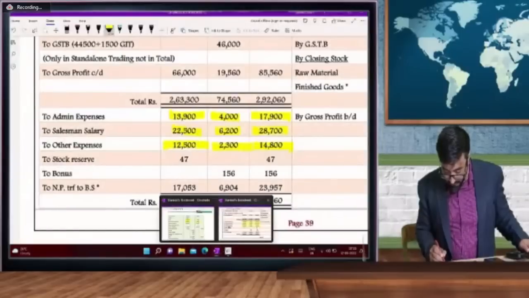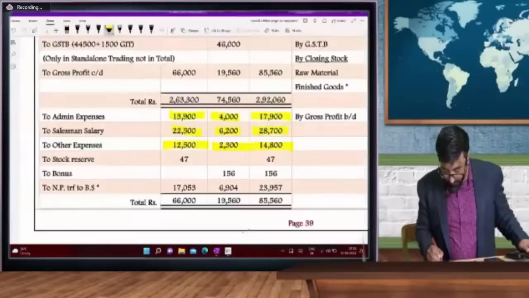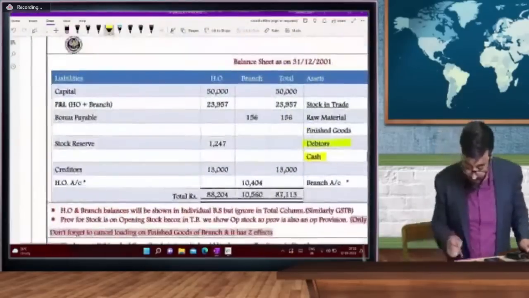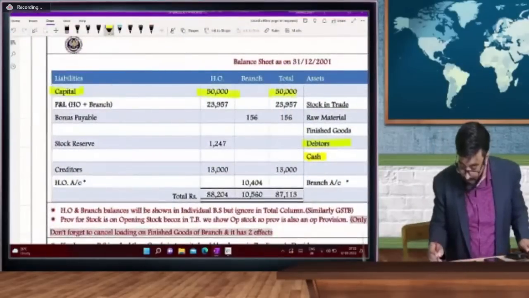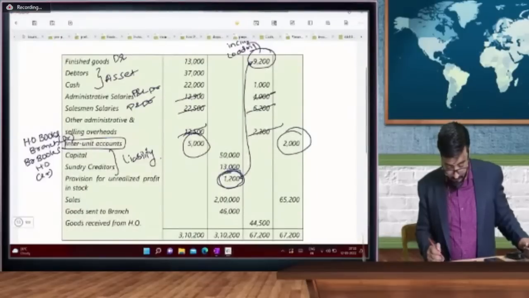Yes, next one is capital, creditors, liability side. So that I will finish first. Capital and creditors. Yes, total column also. Sales on the trading credit side.